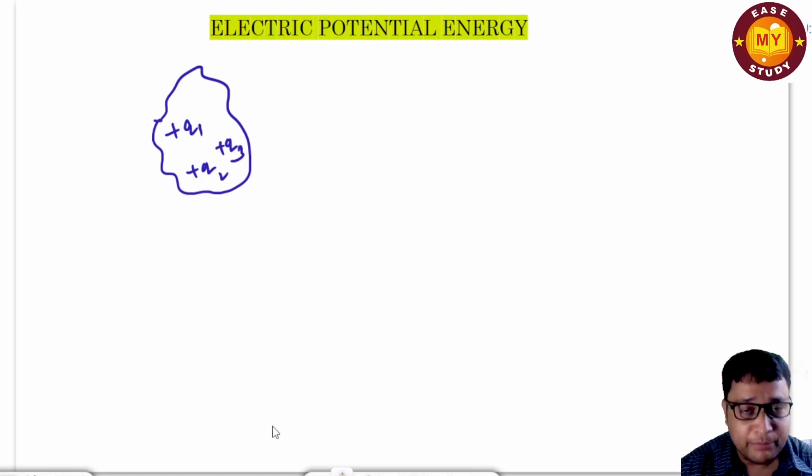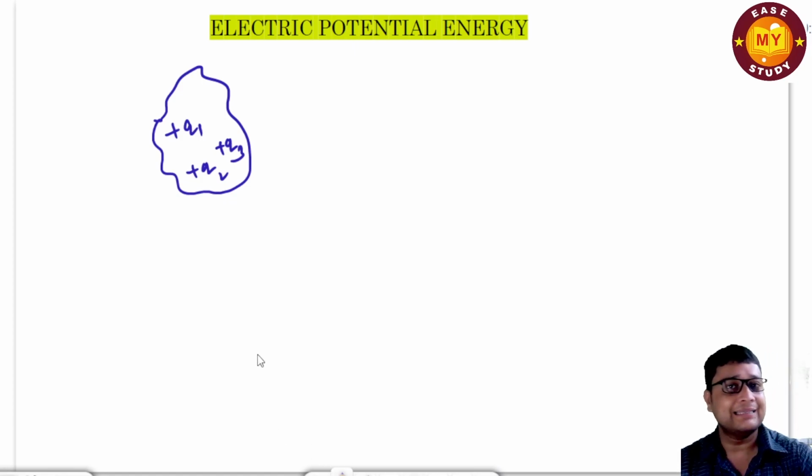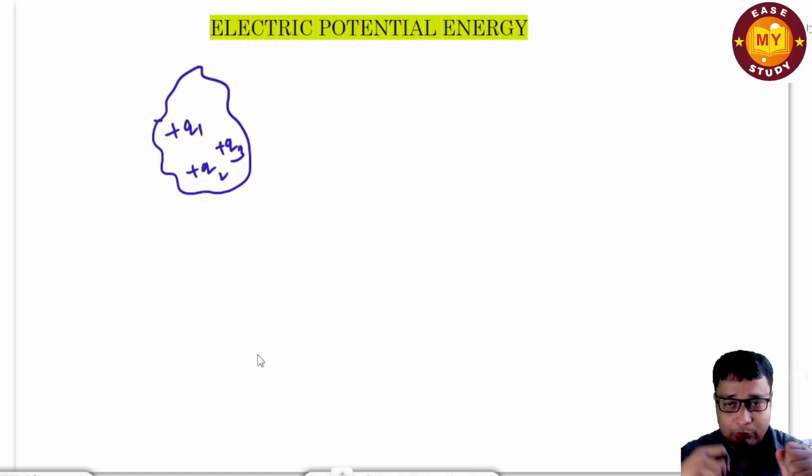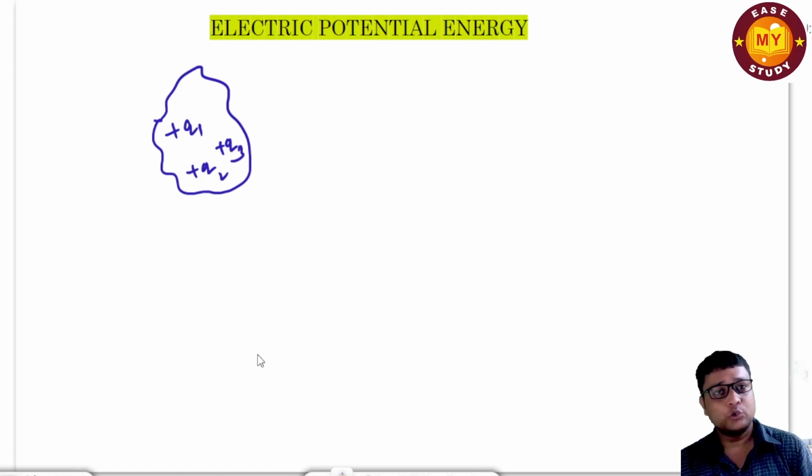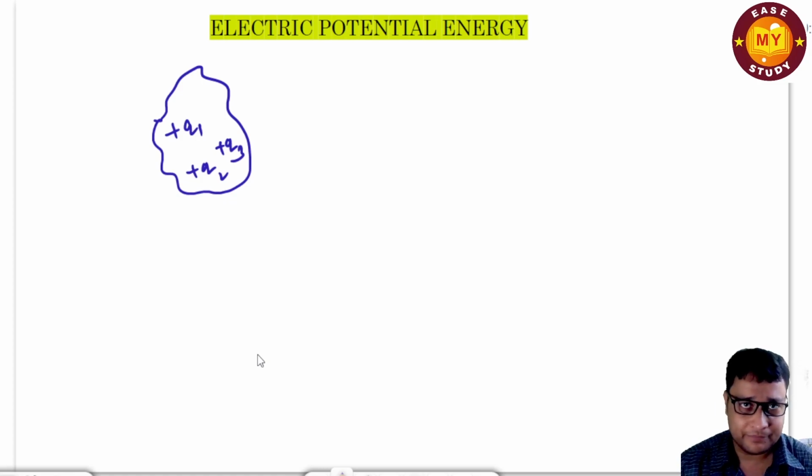So if we move any charge in that field, you have to do some work. Because of the field lines, there is a force of attraction or repulsion, based on the nature of the charges, acting between the charges. So this force you have to overcome to move that charge. If you want to move the charges, you have to do some work, and to do work, energy is required.